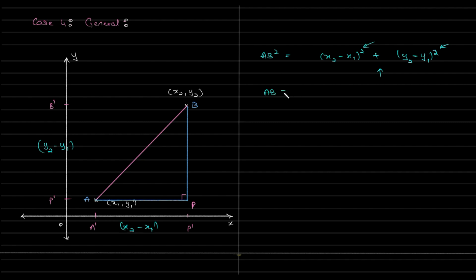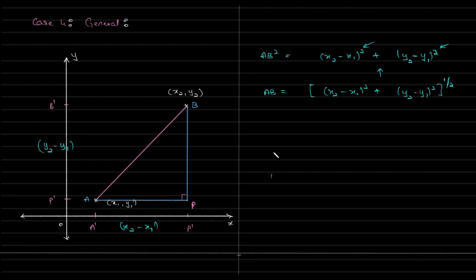The reduced form will be AB is equal to square root of this entire expression. Okay, and that's how you find the distance between 2 points. This is the general formula. I can directly use this. Whatever I just did now, it's conceptual, nothing else.